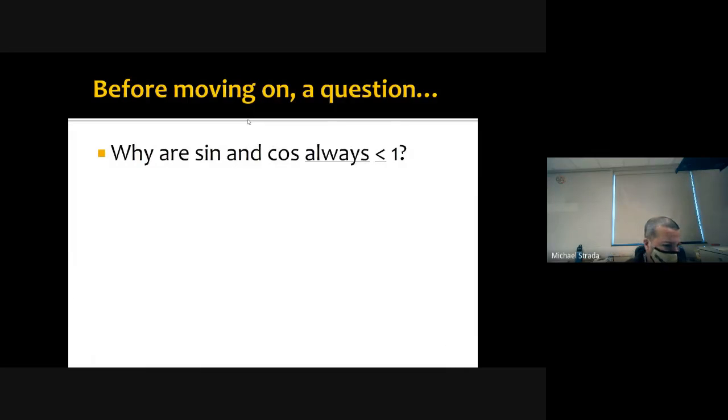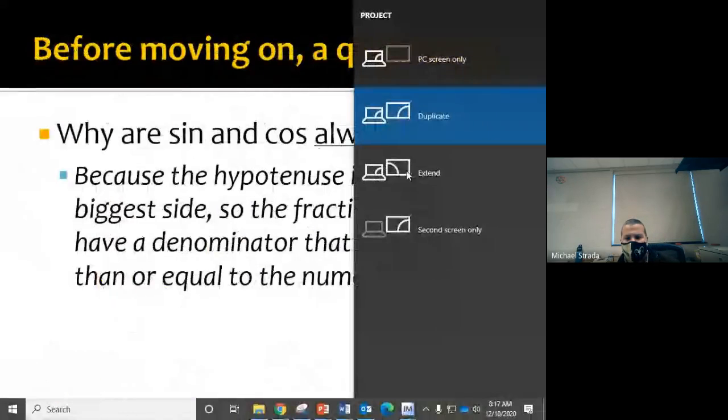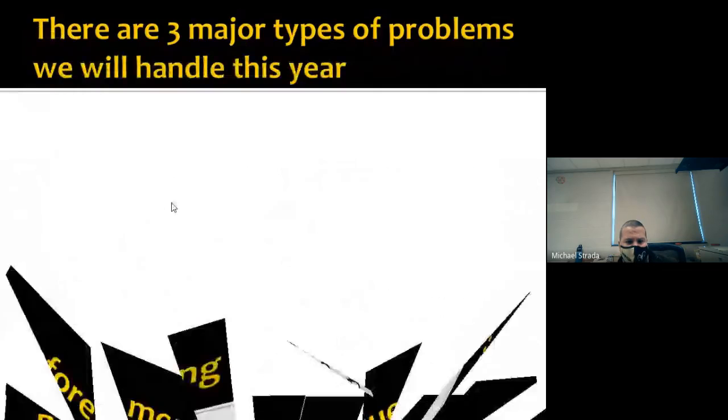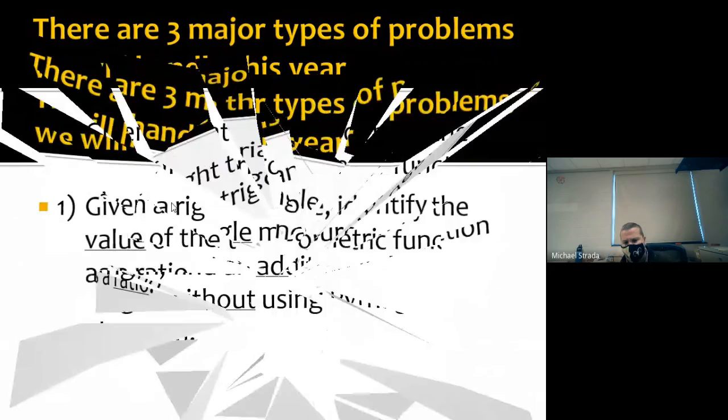All right. Now, there are going to be 3 major types of problems. Problem number 1. Given a right triangle, identify the value of the trig function as a ratio. Problem number 2.